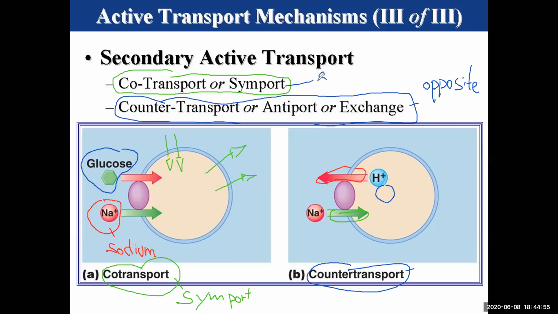Up here, this is same direction. So if the solutes move in the same direction, then we have symport. If the solutes move in opposite directions, then we have antiport. So that's the basic definition.